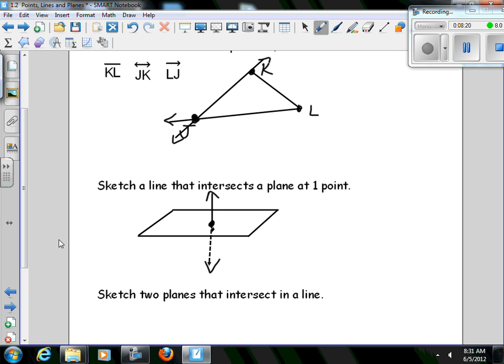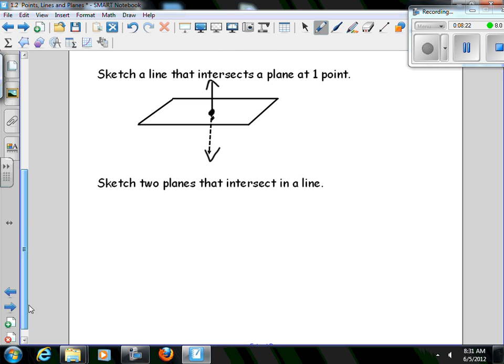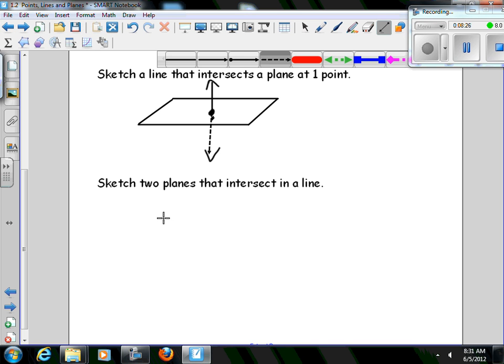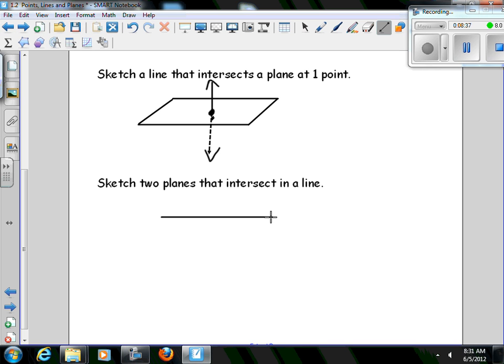Now, next, we want to sketch two planes that intersect in a line. So here is one plane that I'm drawing. And imagine it intersecting with another plane. It goes down like this.